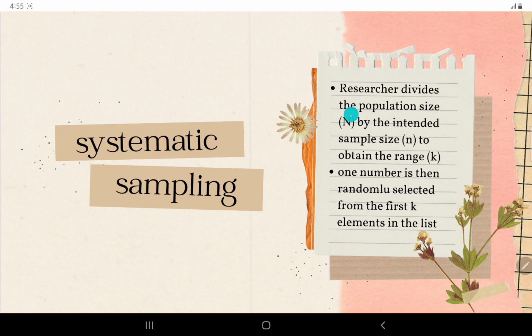Okay, the population size is the capital N. Okay, capital N. And then divides capital N, which is the population size, by the intended sample size, which is the lowercase n, okay, to obtain the range. Okay, range K is equals to population size divided by sample size.